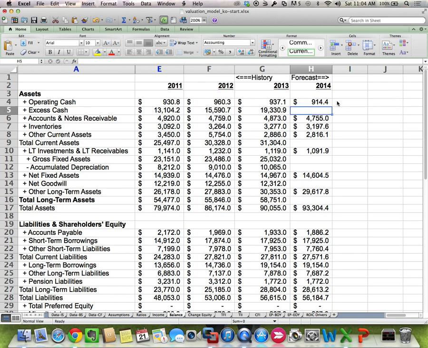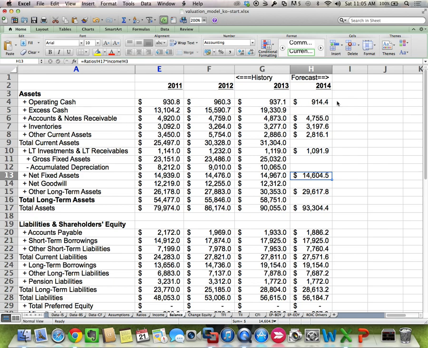I'm solving for excess cash, so I skip that one. Gross fixed assets. Here's the thing about gross fixed assets and accumulated depreciation. We're already forecasting net fixed assets. So the forecast for gross fixed assets does not matter, and the forecast for accumulated depreciation does not matter, because we're forecasting net fixed assets.